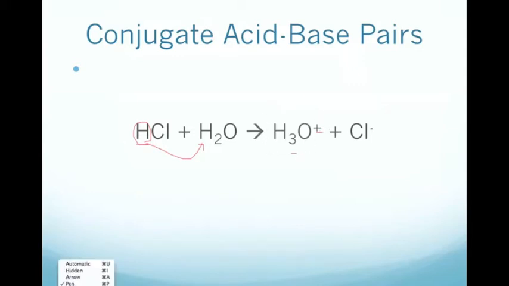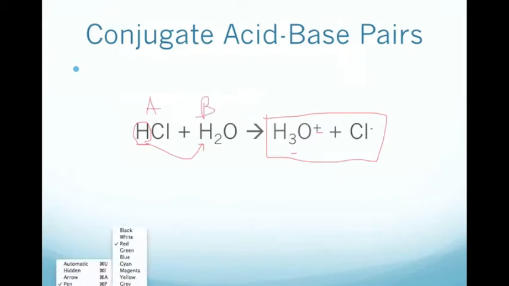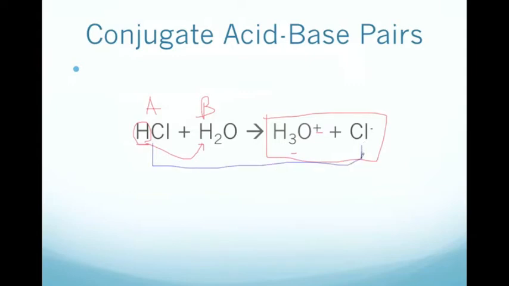So we have to come up with a way of naming these products. Our reactants are going to be your acid and your base, but your products have to have a name too, and they're called conjugates. So here the HCl partners up with the Cl minus, because that's the movement of the H+.